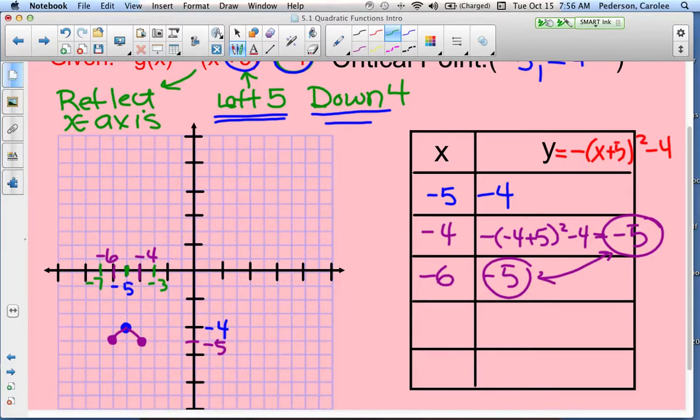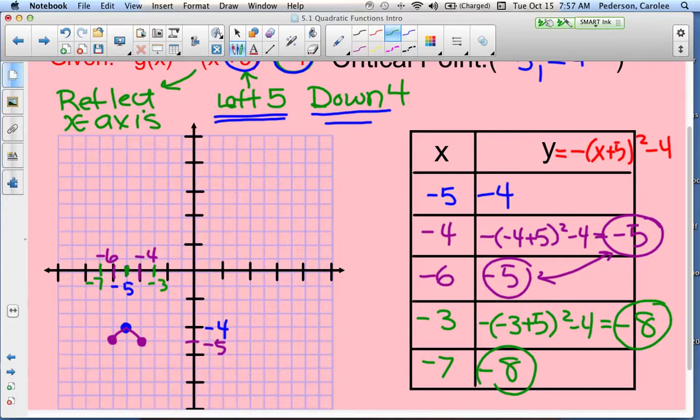We again evaluate it, negative 3 and negative 7 in the original function. So negative, replace the x with negative 3 plus 5 squared minus 4. Negative 3 plus 5 is 2, squared is 4, with a negative in front is a negative 4, minus 4 is negative 8. Negative 8, this one also has to be negative 8 because of that symmetry.